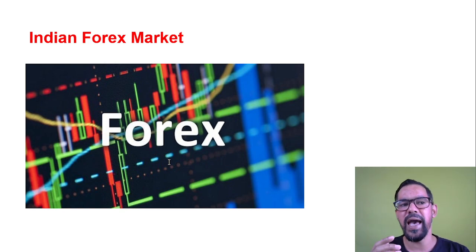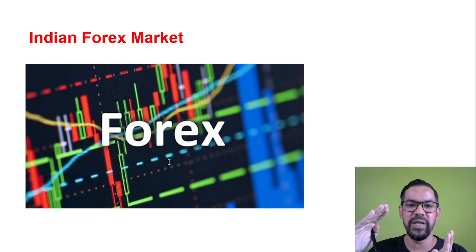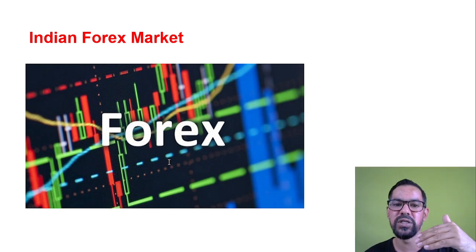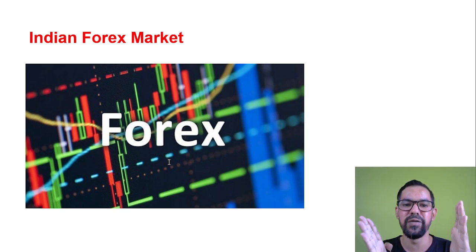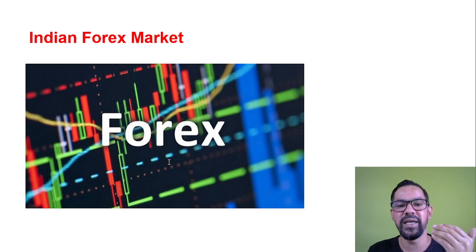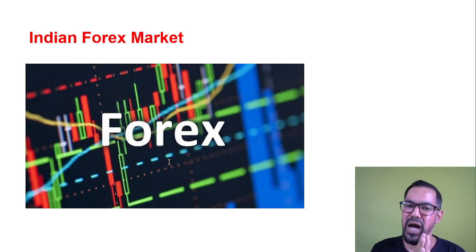Prior to this, RBI used to cap the currency pair, like for US dollar, this is the maximum price and this is the minimum price, so they gave you a band. In between, you had to bid for the foreign currency. But nowadays we have open economies, so it totally depends on market factors, which means demand and supply.